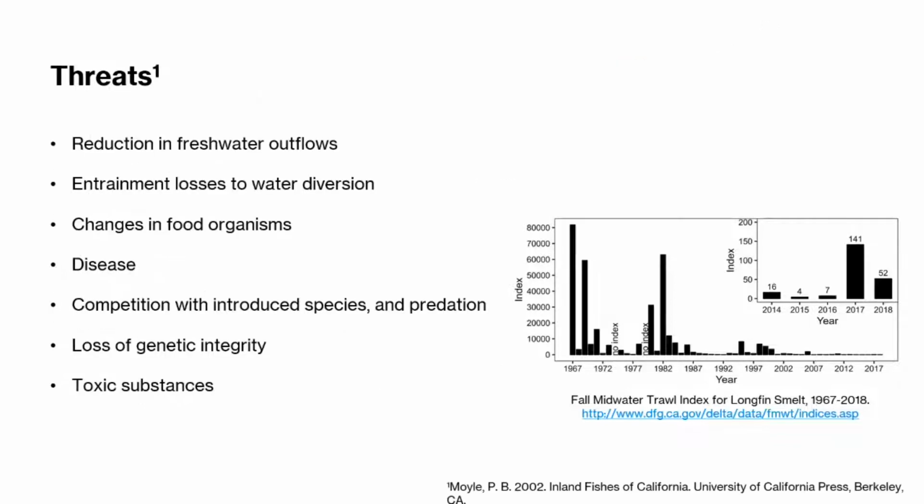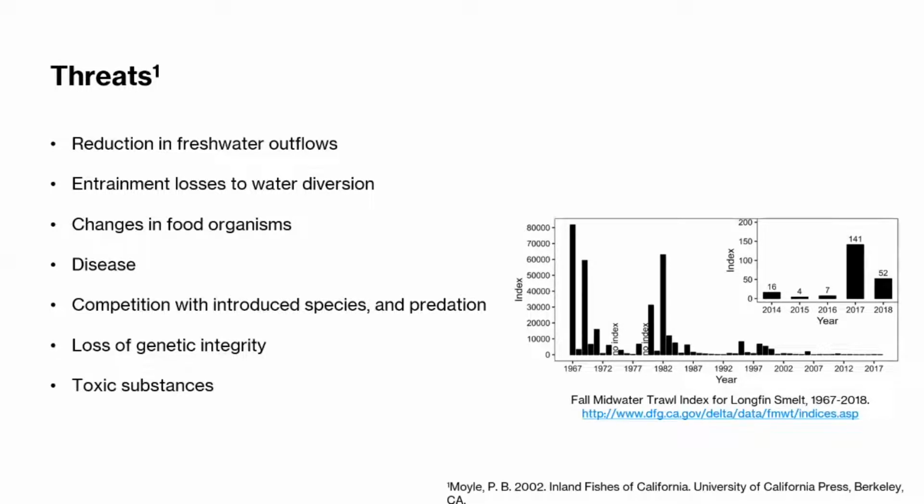The reasons for this decline are multiple and synergistic, and as listed in Moyle 2002 include a reduction in freshwater outflows, entrainment losses to water diversion, changes in food organisms, disease, competition with introduced species and predation, loss of genetic integrity, and finally exposure to toxic substances.